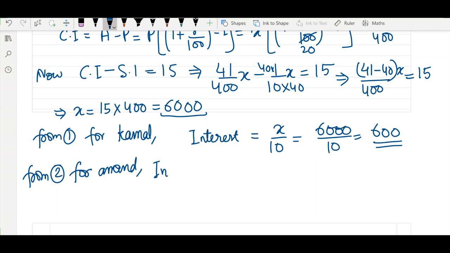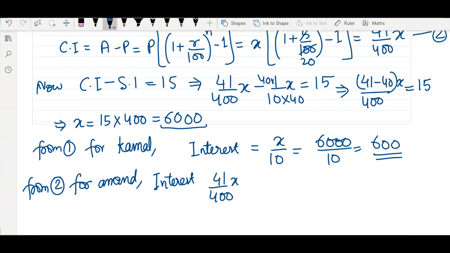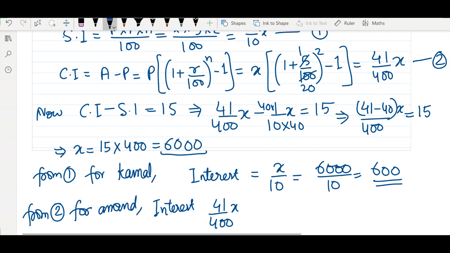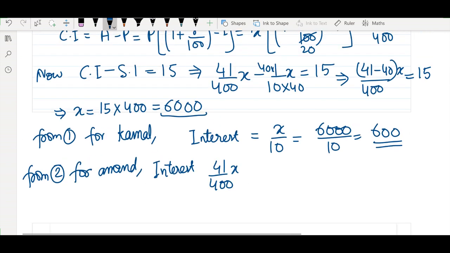Interest was, see, from 2 interest is 41 over 400 times X, right? See, we can see from equation number 2, it is 41 upon 400, and this is equal to 41 into 6000 upon 400. 0 0 cancel, and 6 4 15, 4 15 is 60.